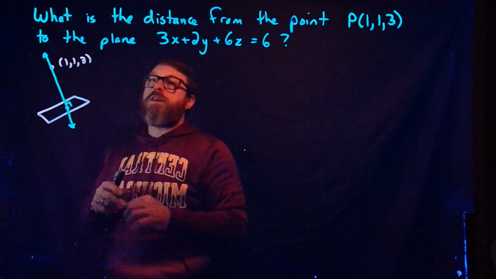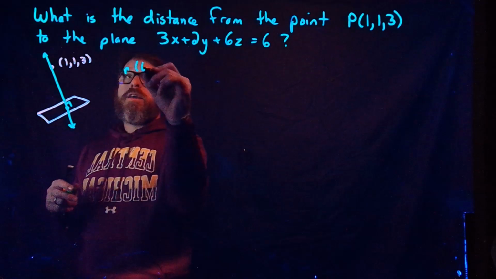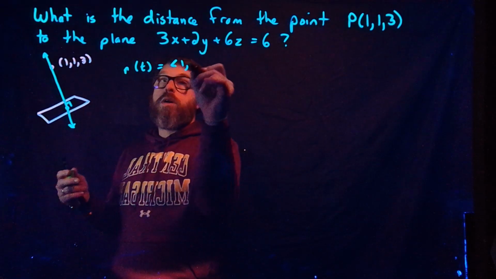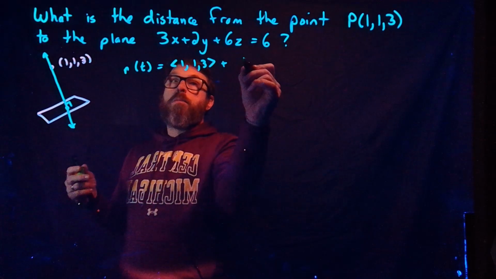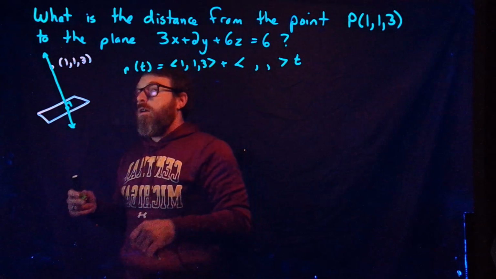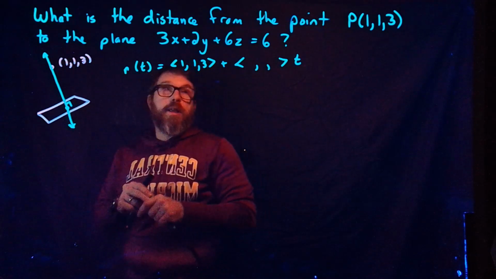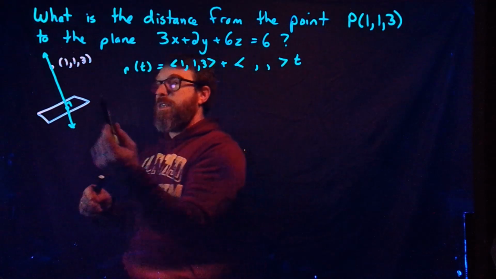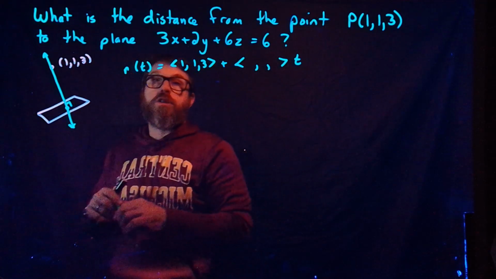So it has to be perpendicular to the plane through that point. In order to find this, I know that r(t) is going to have one solution point, which is this (1, 1, 3), plus a vector that has to be perpendicular to the plane, so really parallel to the green line. The plane has normal (3, 2, 6), which means that's going to be parallel to this particular line.